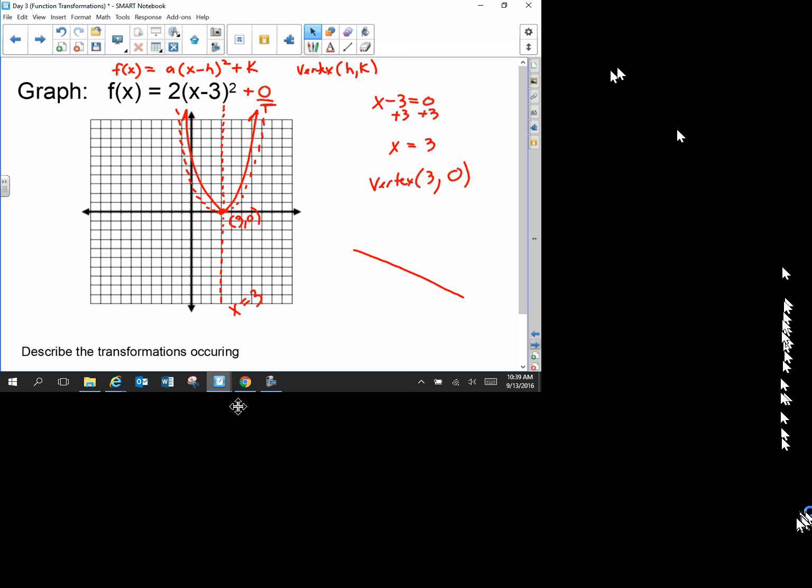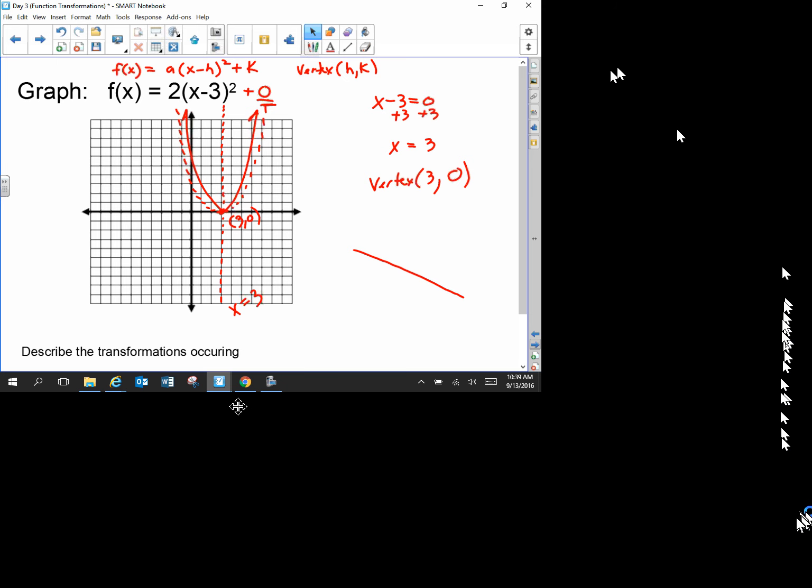This little parent function allows me to determine, oh yeah, they meant to make this thing skinny. The parent may be a little wider than it should be, but they're drawing it inside the parent, so that's a horizontal stretch, or sorry, a vertical stretch. And that's what it said right down here: describe your transformations.